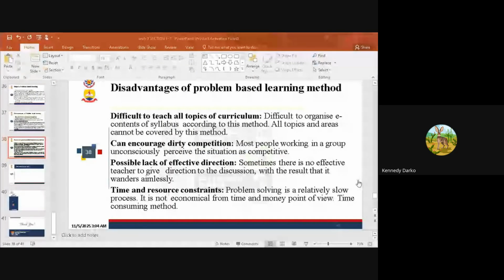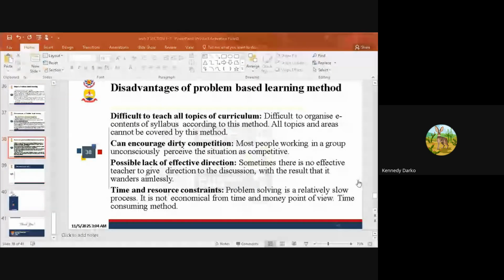We can give a problem to the students to solve within a stipulated time, so that when we come back, that particular thing can be assessed to see whether the students have gotten the concept. You teach a topic, and as you are going for that particular meeting, you give a similar, not the same, but a similar problem to them.